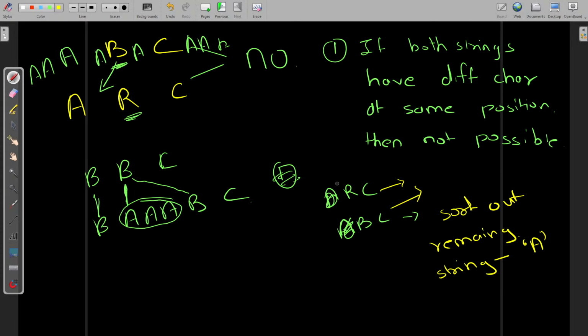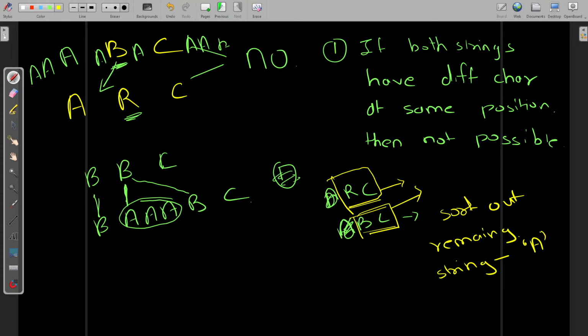So first we'll perform a check. We will go through string 1 and we will go through string 2. We'll remove all occurrences of A from both the strings and check if they are equal. If they are equal, then well and good. Then we can just insert A wherever it was required and we will print our solution in the minimum number of steps. We'll figure out that part later.